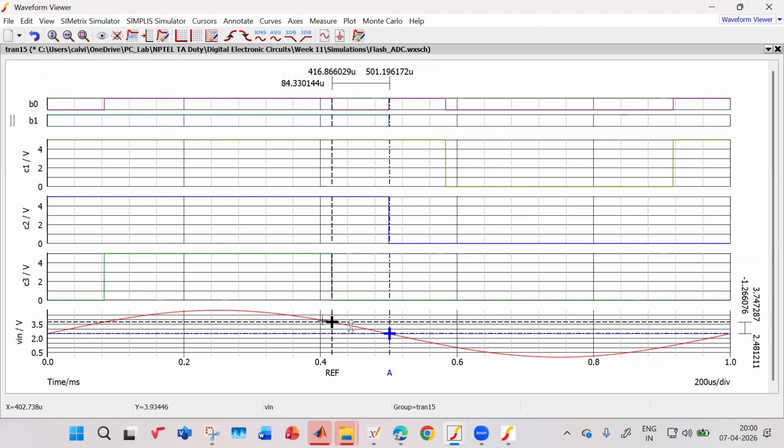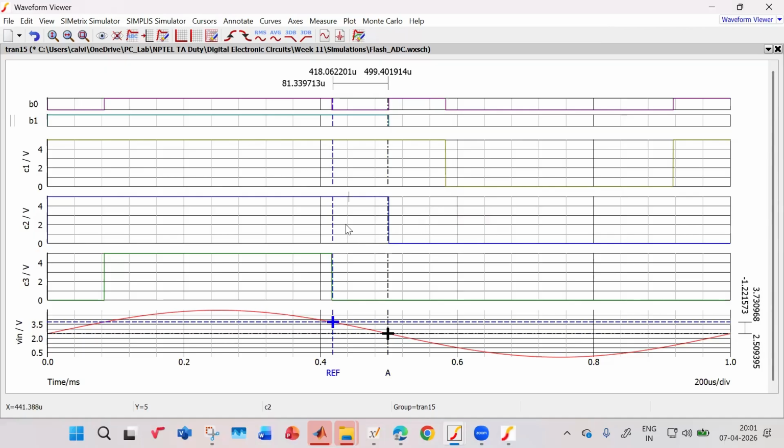And if you look at the red voltage, it is between 2.5 and 3.75. The cursors are slightly off track, let me bring them within the range.